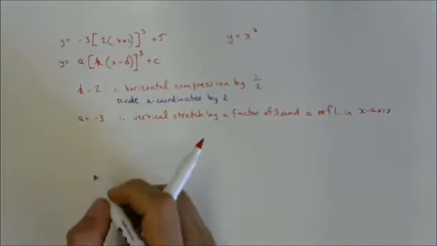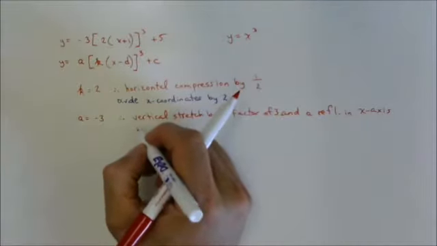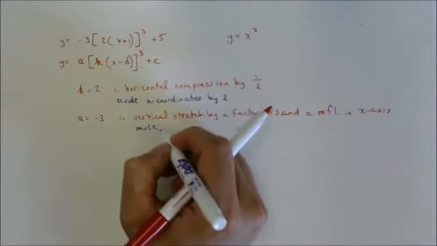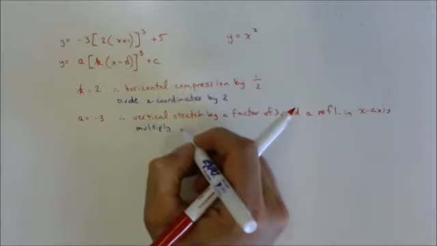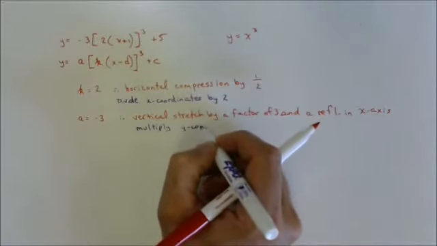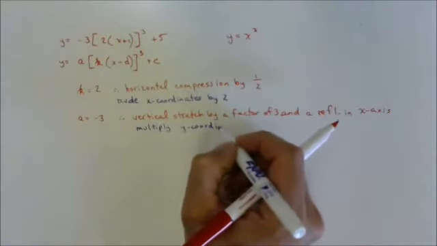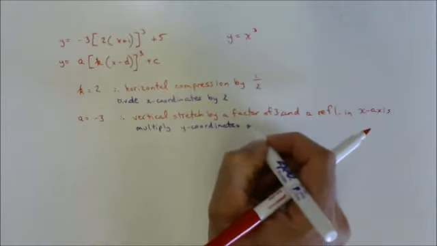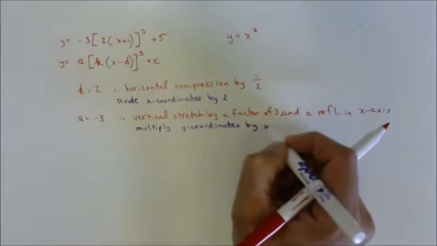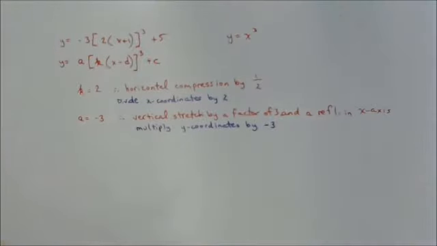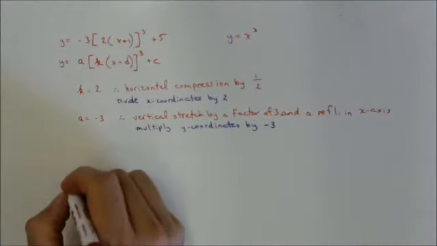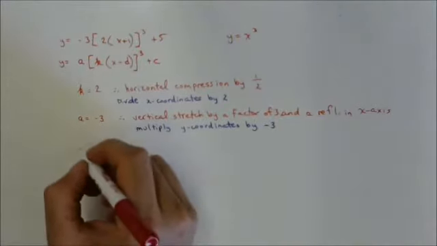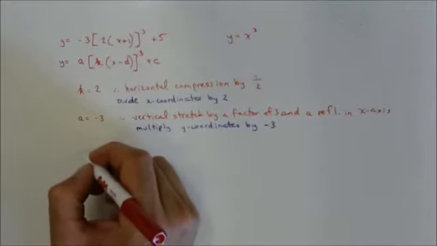Okay, so what are we going to do? We are going to multiply the y coordinates, because it's going to change this thing vertically. We're going to multiply the y coordinates by -3. And then we're going to apply our translations at the same time.